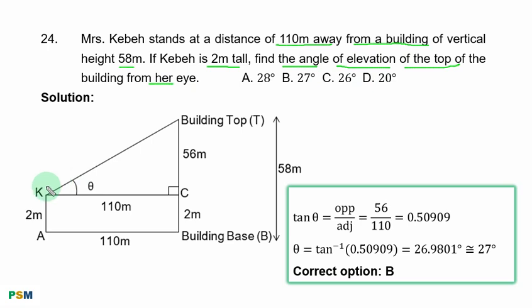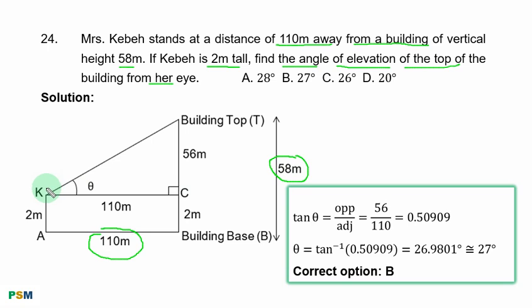Solution: this is Kebe, 2 meters tall, vertical building. The distance of the woman from the foot of the building is 110 meters. The height of the building is 58 meters.